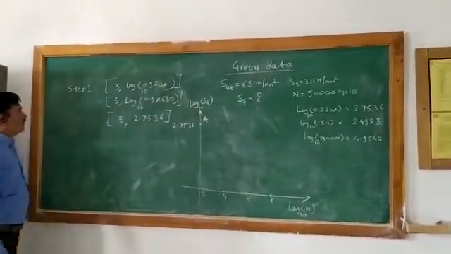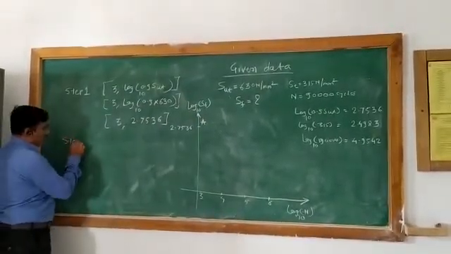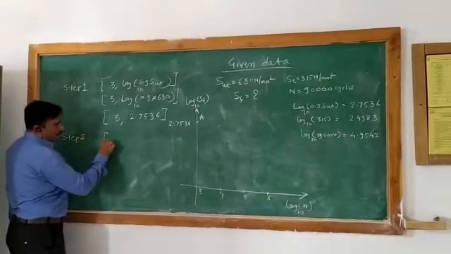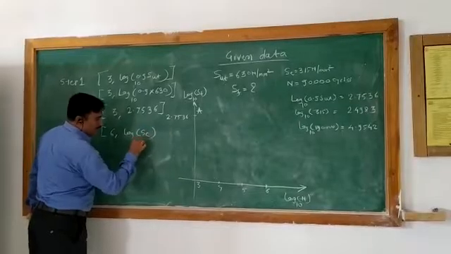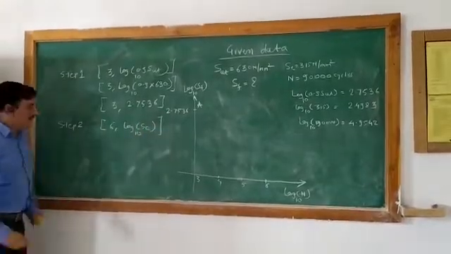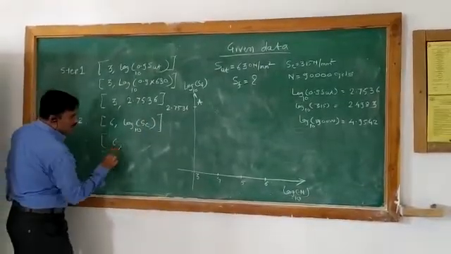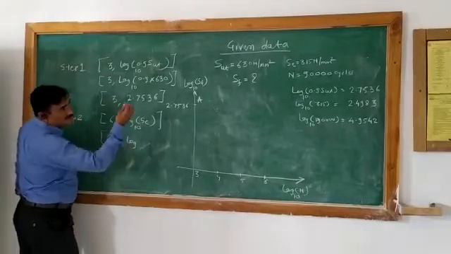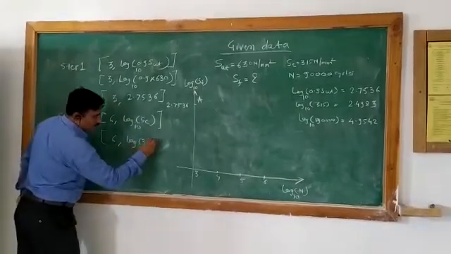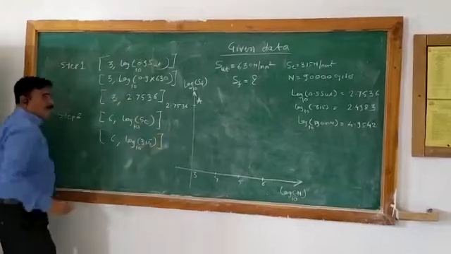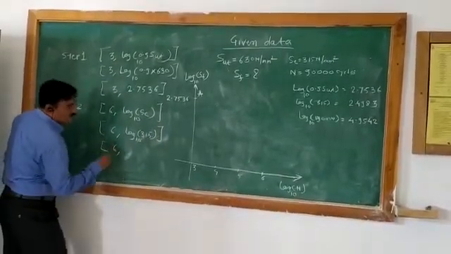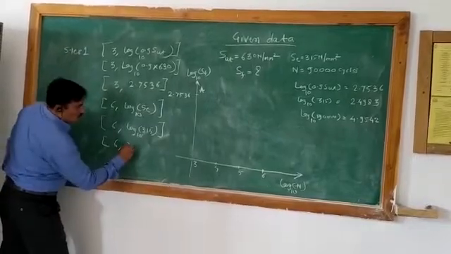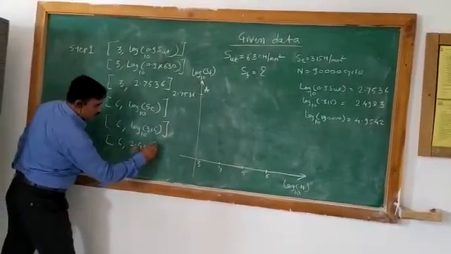Now second, what was step 2? Take 6, log of SE to the base 10. This was the second coordinate. So 6, log of the value of SE, which is given as 315, to the base 10. Now this will give you the second coordinate, that is 6, 2.4983.